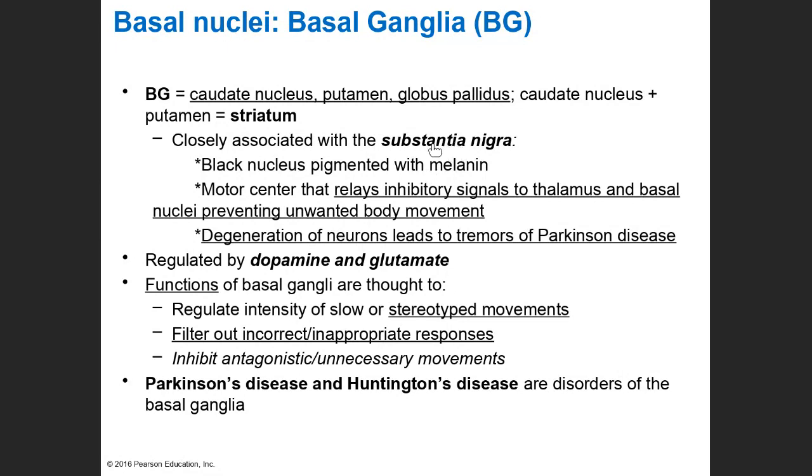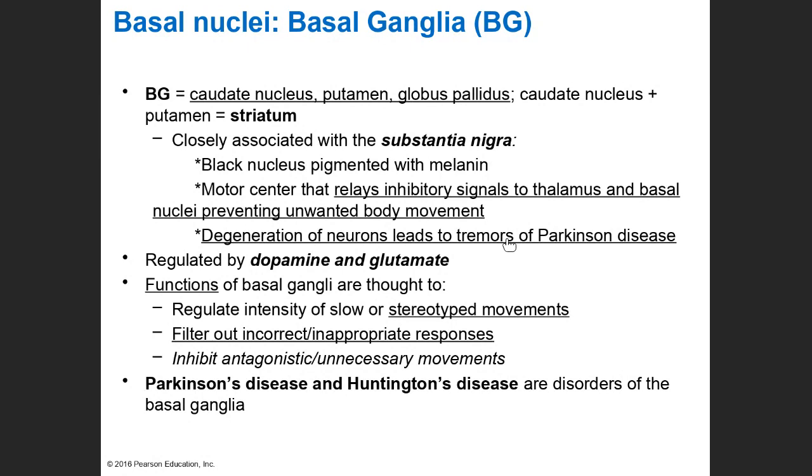And so because we are having a breakdown in this tissue, we're not able to inhibit unwanted movements, are we? We can no longer inhibit unnecessary movements. And so this is why we see tremors in Parkinson's disease.